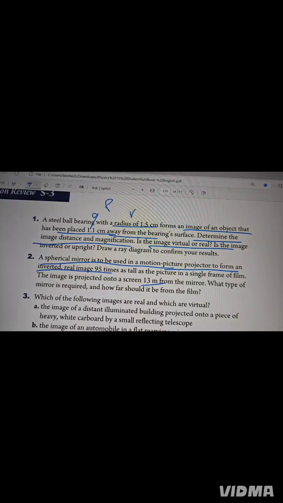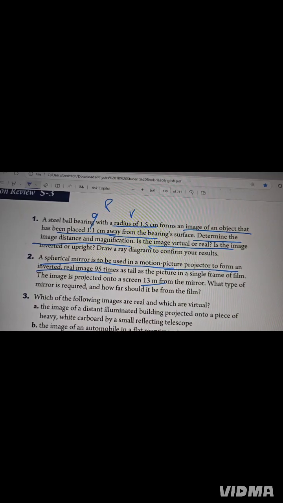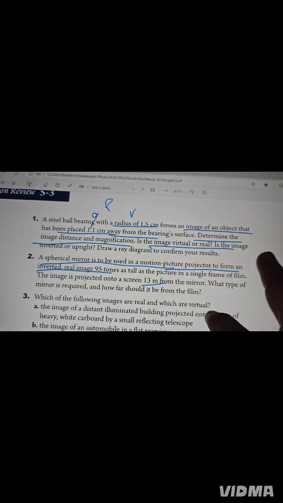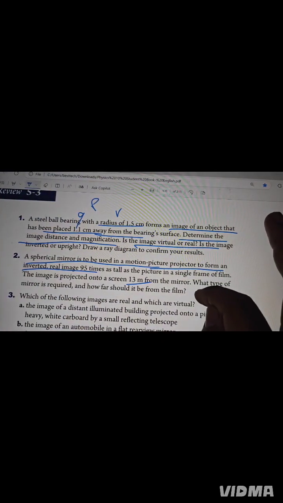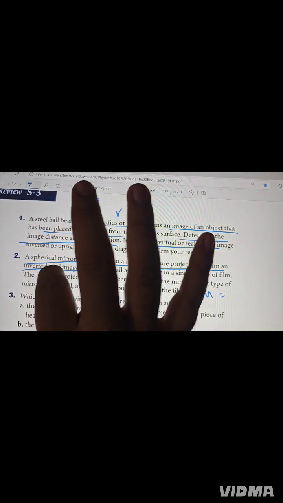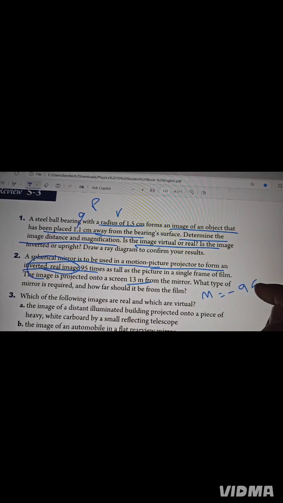If the question says inverted, it means real, inverted image. So the magnification, for an inverted real image, will be negative, because the question said inverted and real. 95 times, and the magnification here that you have is negative 95.